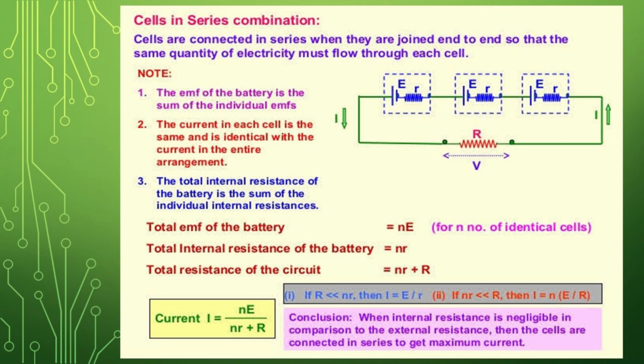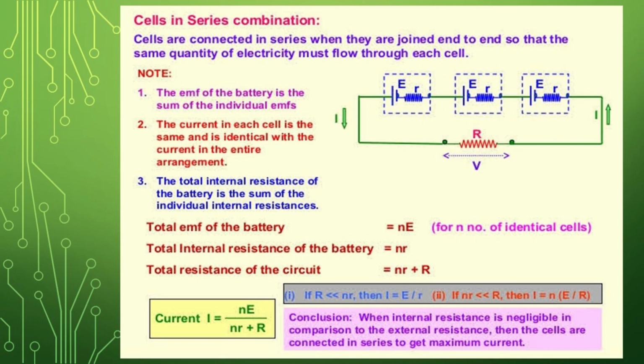Therefore, total resistance of the circuit is equal to n small r plus capital R, where capital R is the external resistance. Therefore, current I is equal to nE by n small r plus capital R. We can consider two cases.